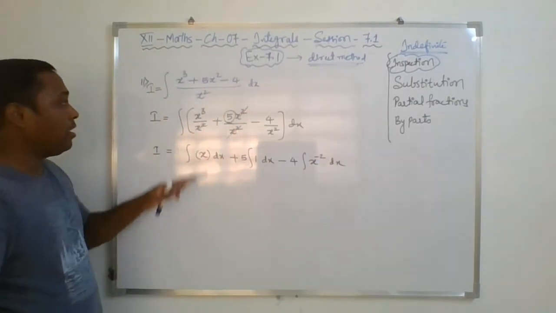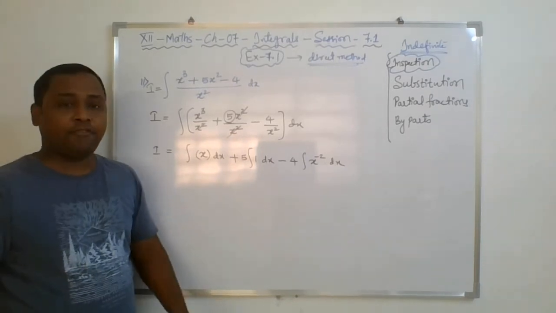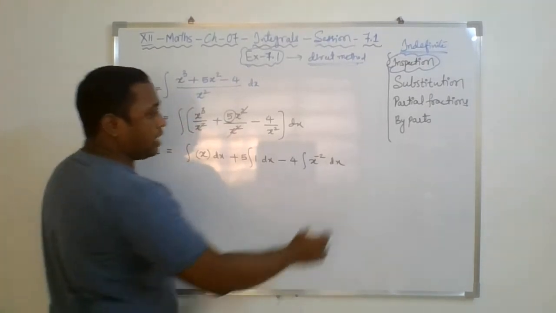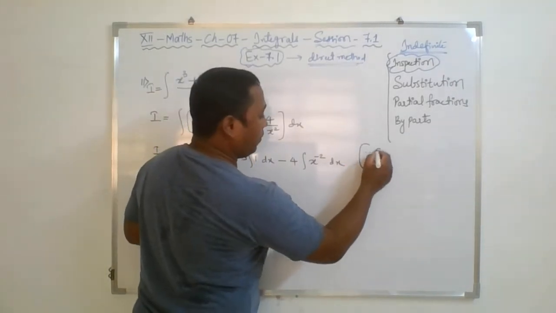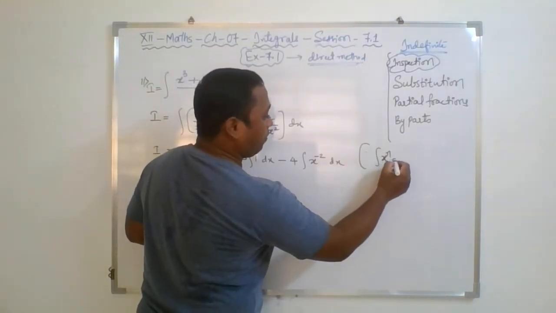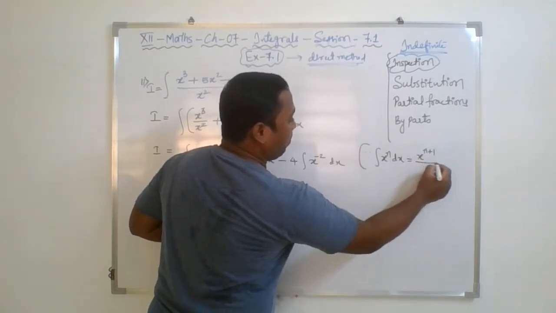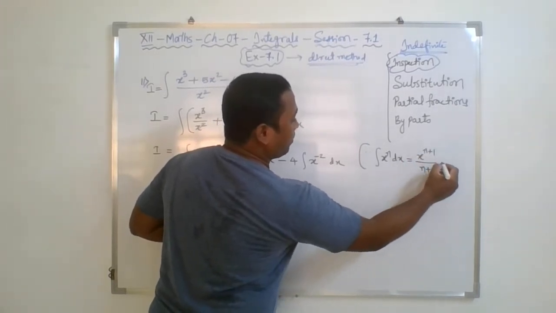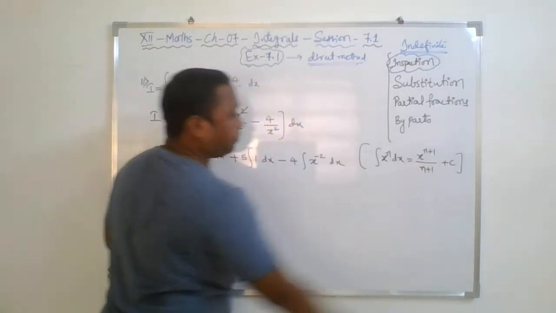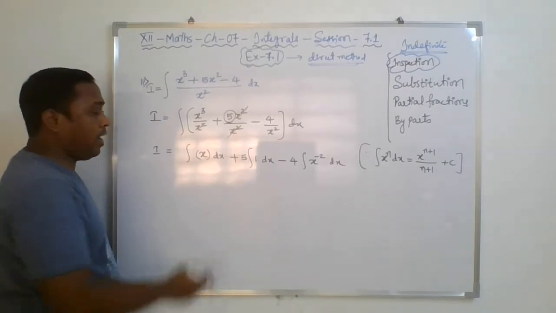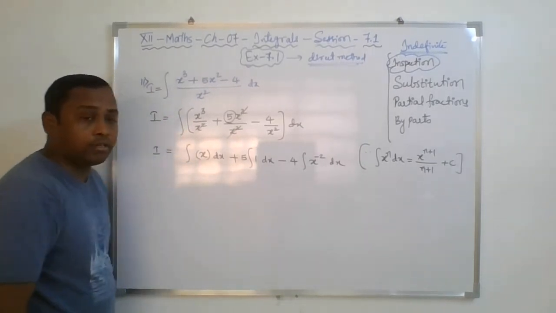Now you can see this entire complicated function is converted into three simplest ones. And as you know, the formula of integral of x to the power of n dx is x to the power of n plus 1 by n plus 1 plus c. So by using this single formula, I will be able to solve all of that.